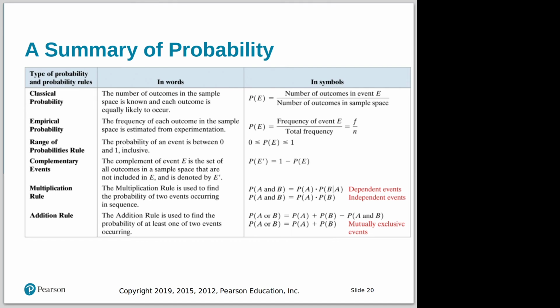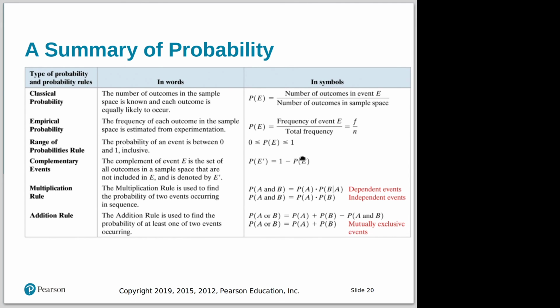And so we have the classical probability, where the number of outcomes in the sample space is known, like a die, and the outcomes are equally likely to occur. Then the probability of an event is the number of outcomes in the event divided by the sample space. Empirical probability, we run an experiment, and the frequency distribution of the event that we want determines a probability.